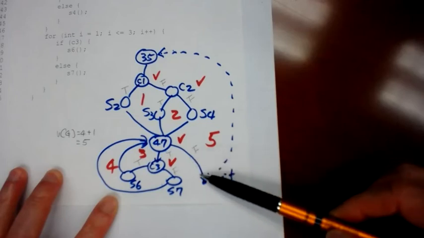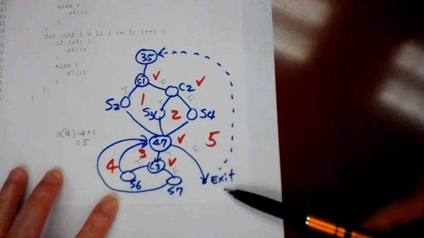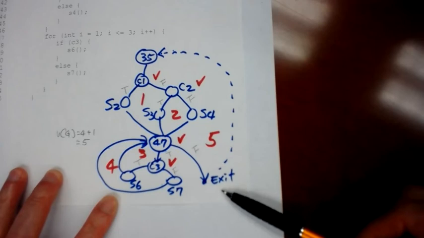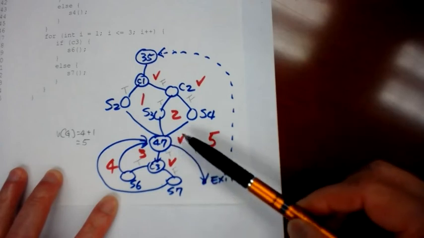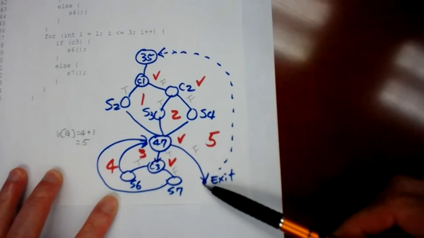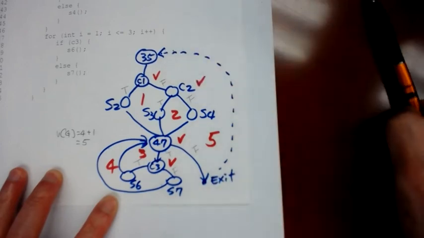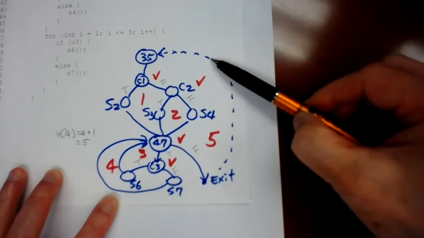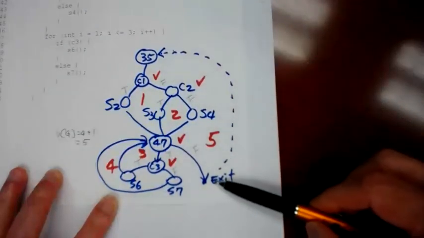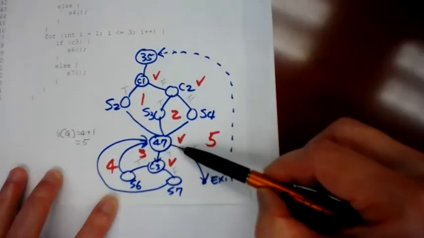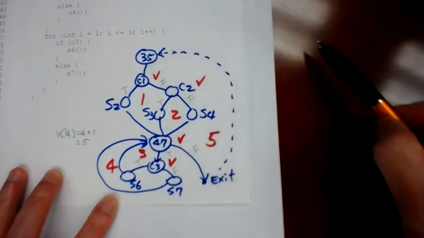So how do you make it strongly connected? Here I created an artificial exit. At 47, if it is false, you come here. And then this is the dummy link that I created. I'm not going to make this one a node. So basically the dummy link is just from 47 to 35.